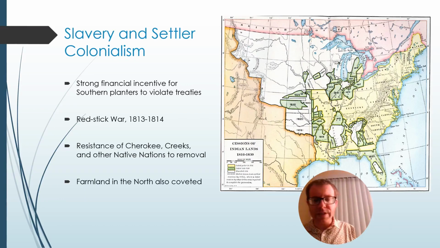So at the end of the War of 1812, which we talked about in our previous lecture, there was actually a civil war in the Creek Nation called the Red Stick War, between two sets of Creeks. One was more elite and had partly assimilated into American society.